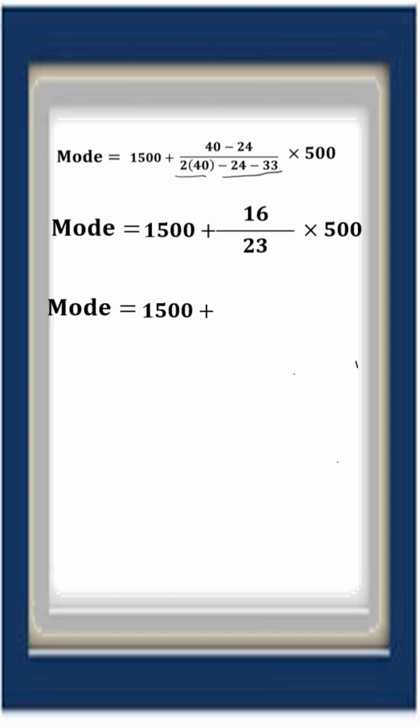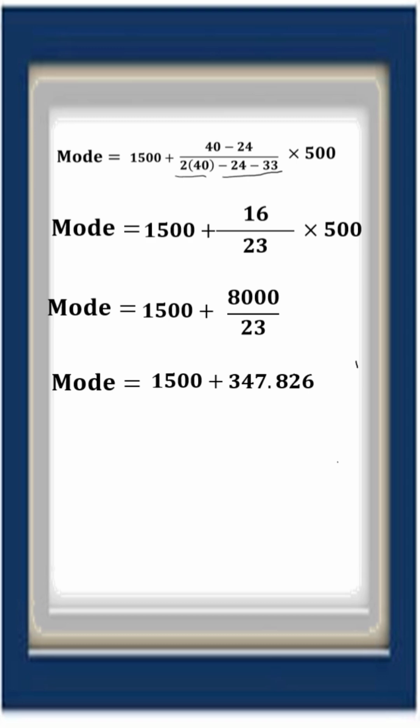So mode is equal to 1500 plus 16 by 23 into 500. What is it? 8000 by 23. If you divide 8000 by 23, you will get 347.826.